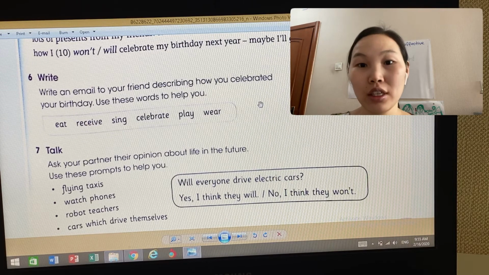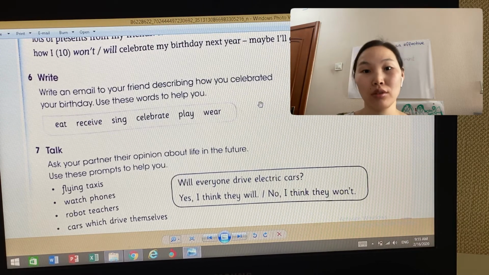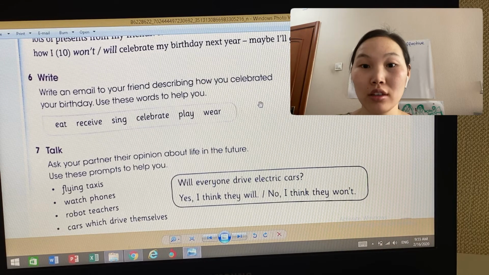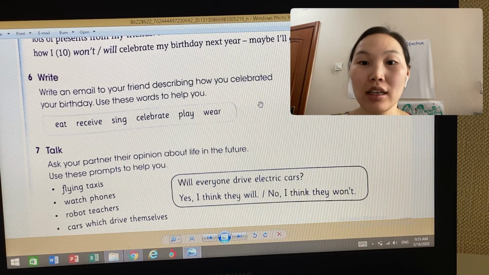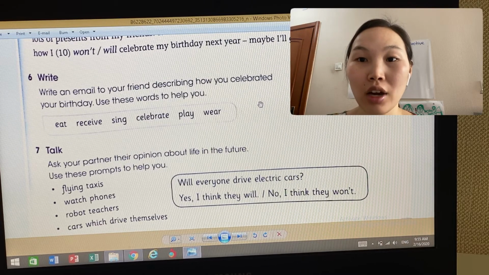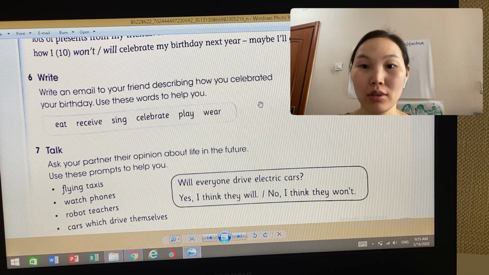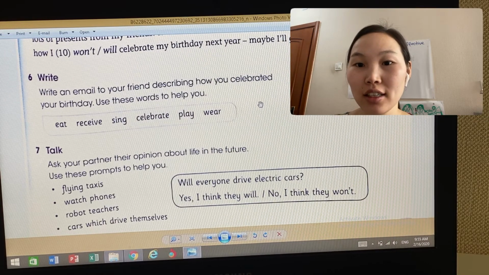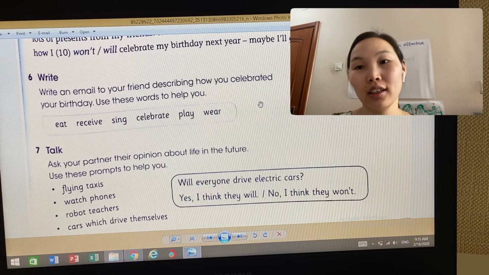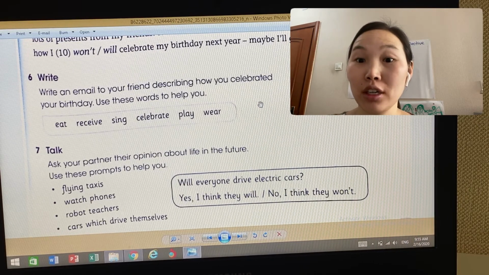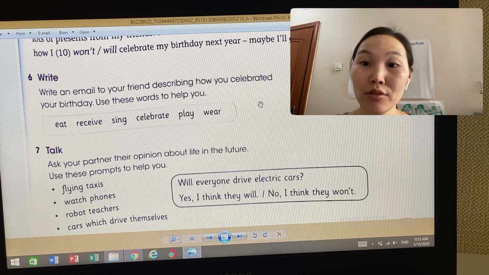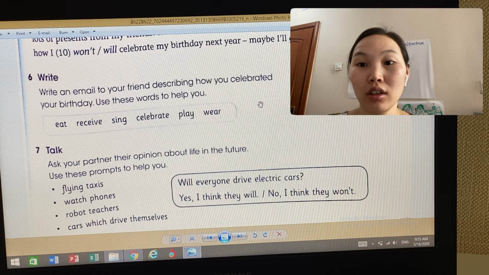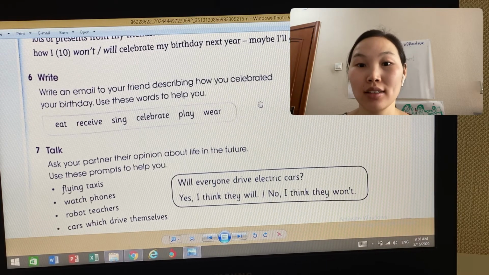Do you think that teachers will be robots in the future, that you have a robot teacher that is not really physically like a human being? And cars which drive themselves, so like, do you think that Tesla cars will be successful in the future, and they help us to drive without our own hands on the wheel?